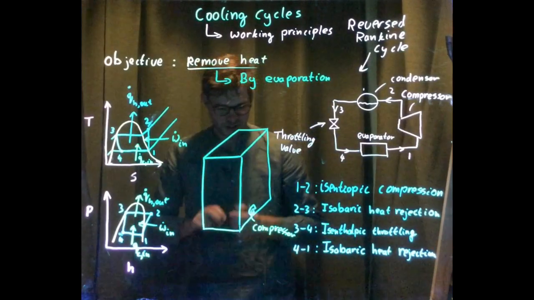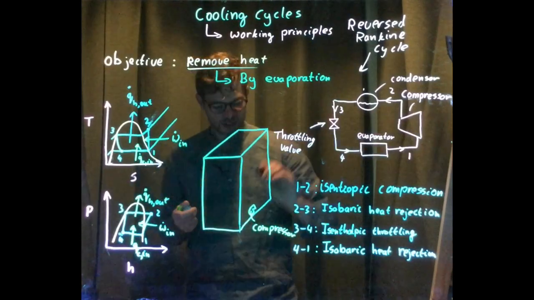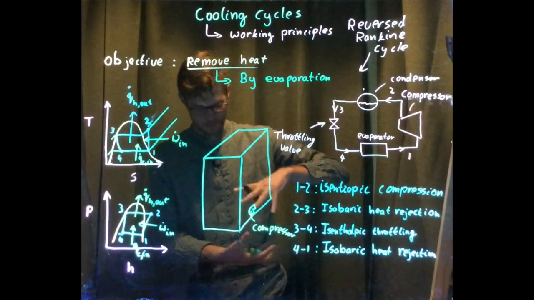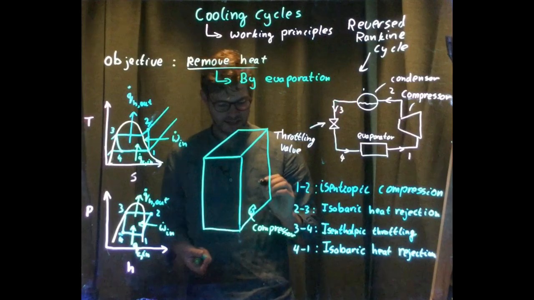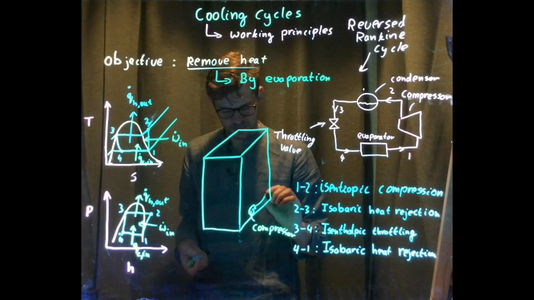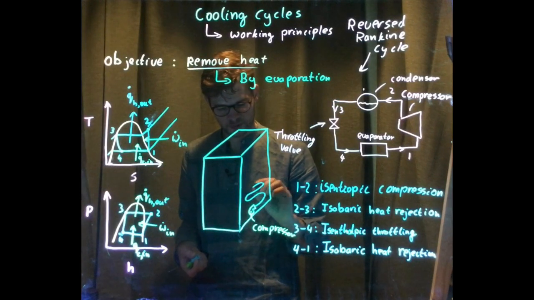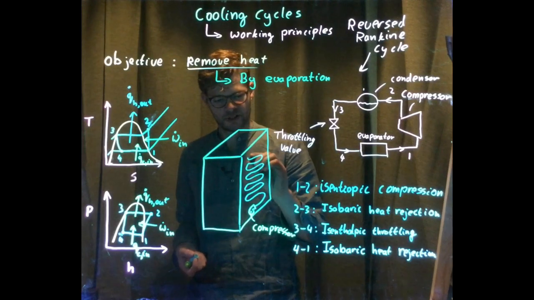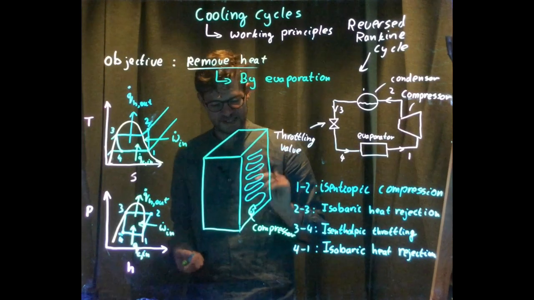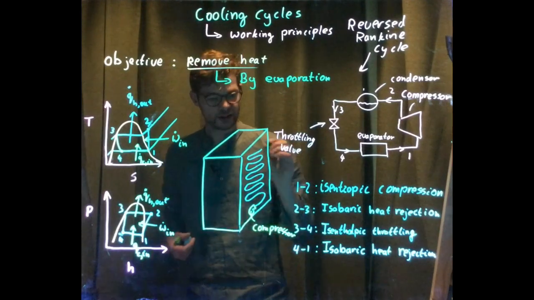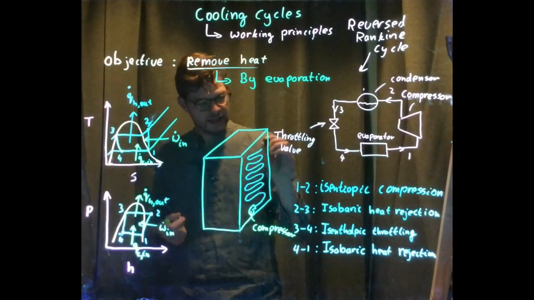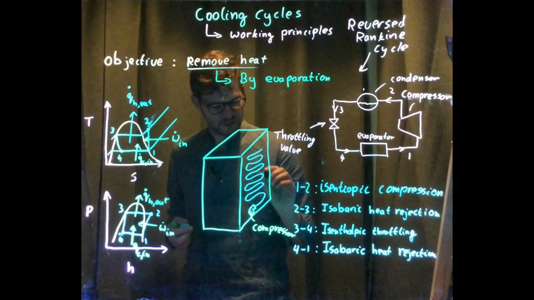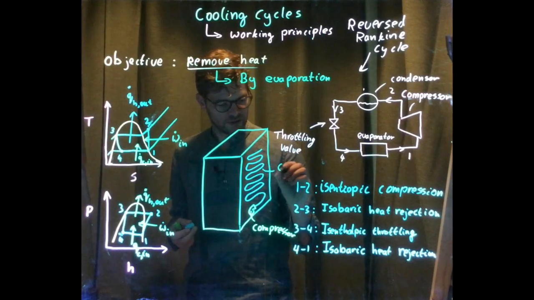And from my compressor, the flow is going into the condenser. And the condenser is not like a pot with liquid and a mixture, but it's like a spiral tube at the back of your refrigerator. Maybe you've seen it. And after that, so this is the condenser.